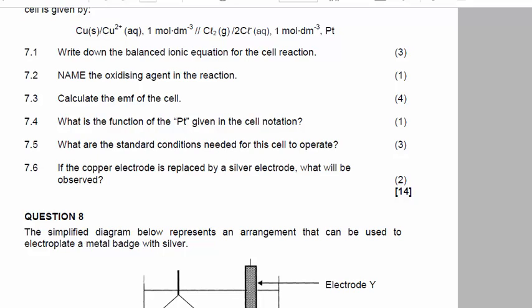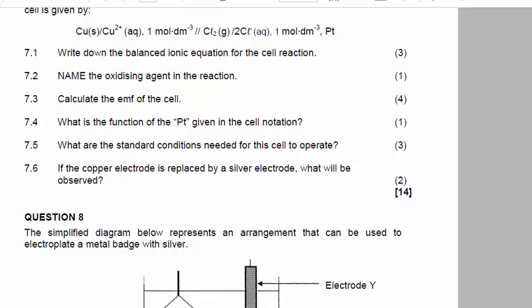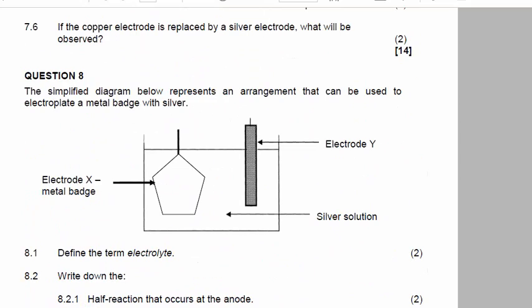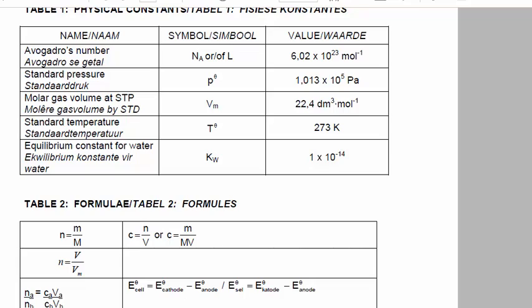What are the standard conditions needed for this cell to operate? Okay, so standard conditions for galvanic cells is the temperature 20 degrees Celsius. Okay, so standard temperature, which is given in your table.